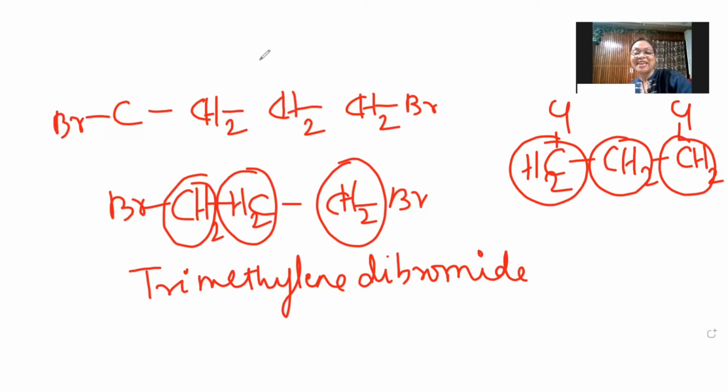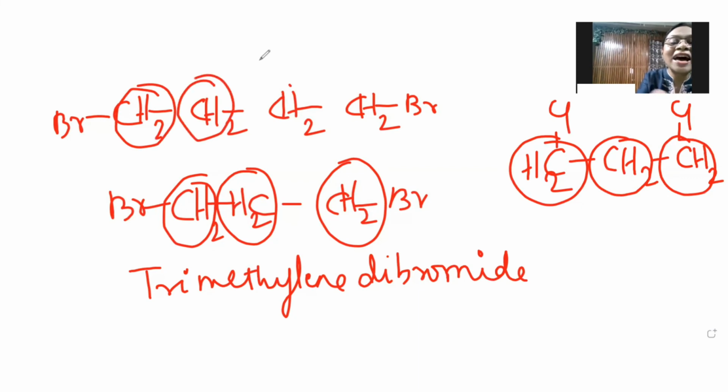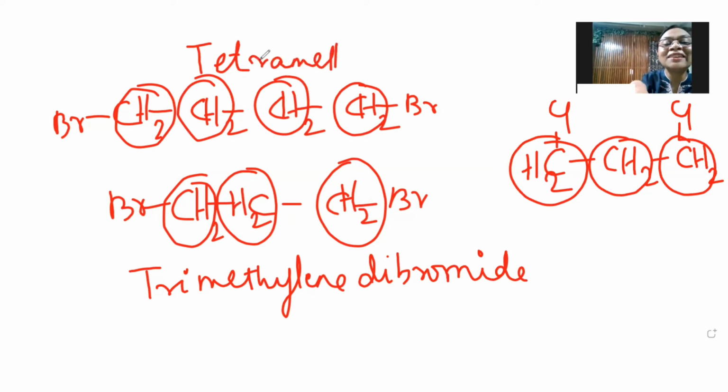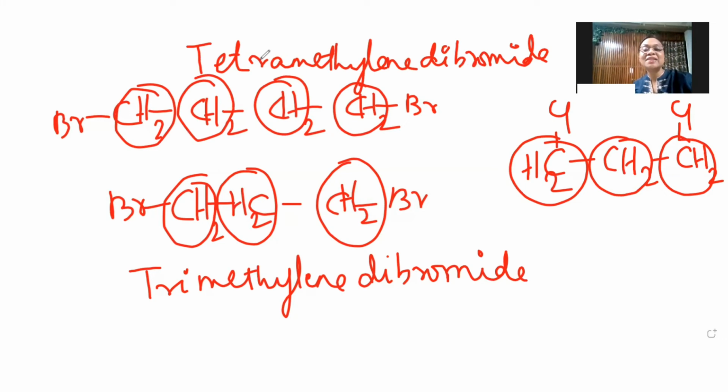Similarly, we have this compound, which has the common name, yes, you have correctly guessed, this is tetramethylene dibromide. All right, tetramethylene dibromide. So yes, less talked of, but definitely common names are there. If you want to figure out such names, it does exist. The common names do exist.